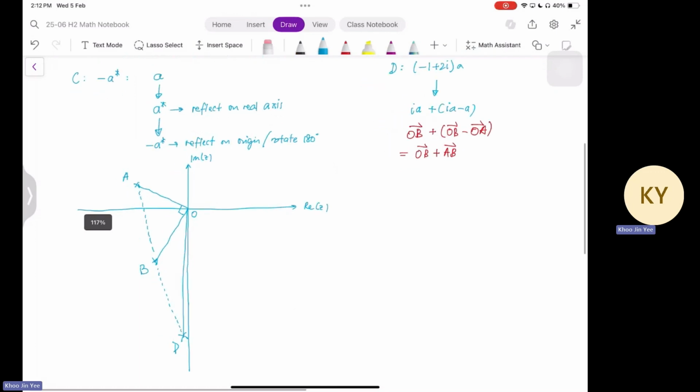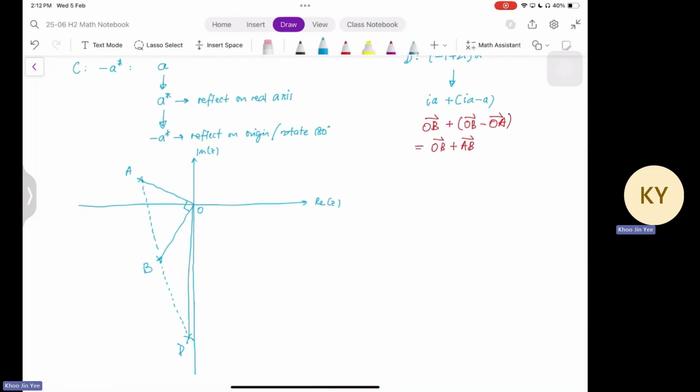Now they ask us to state the geometrical relationship between A, B, and D. D equals to? No, geometrical, we don't put B minus A. What does point minus point mean? There's no meaning in point minus point. This is where the physics students don't do well, don't know how to describe.